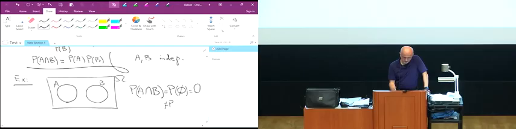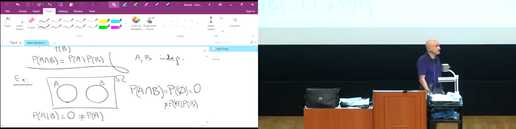And this is not equal to the probability of A times the probability of B, because on the right-hand side you've got a strictly positive probability. You can look at it also in the other formulation. If I tell you that B has happened, what can you tell me about the probability that A happens? A can't happen if B has happened, right? So this number is 0, which is not the same as the prior probability of A.